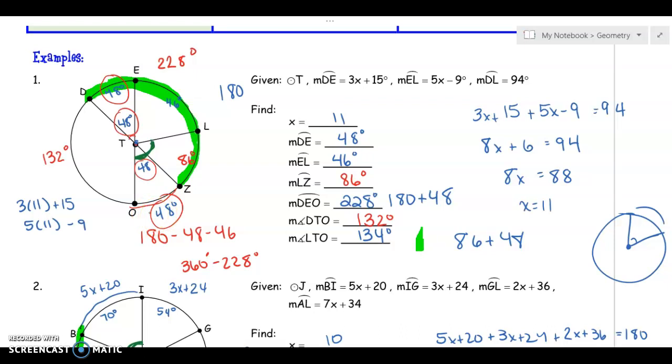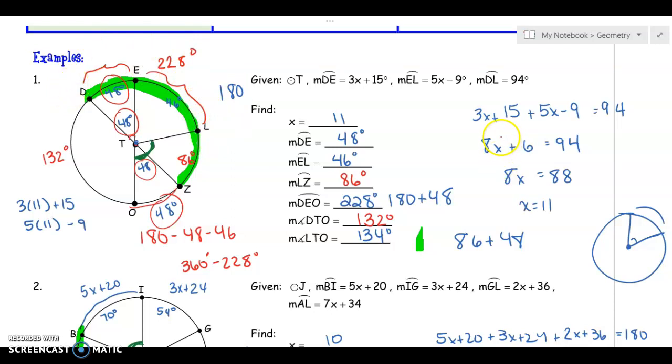Let's see, for this one, to start this problem to find x, we use the arc addition postulate. So we had DE, we had EL, and we were given DL. So we knew this piece, DE, we knew this piece, EL, and then we knew the whole thing, DL. What we did was we took DE plus EL and set it equal to the big piece, DL.